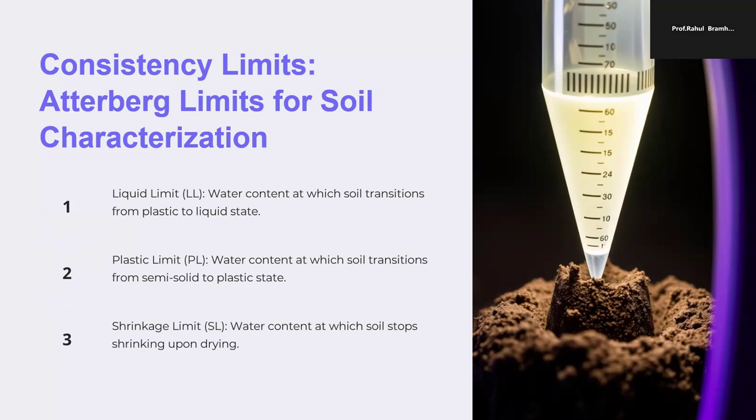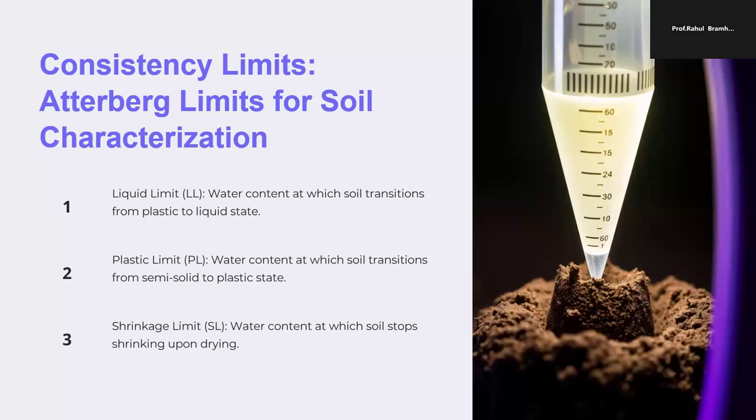The plastic limit is the water content at which soil transfers from semi-solid to plastic state. The shrinkage limit is the water content at which soil stops shrinking upon drying.